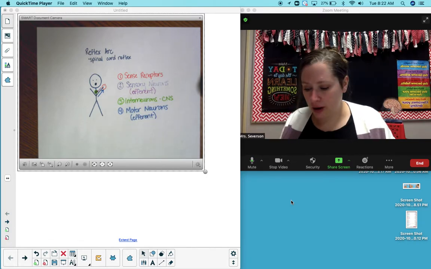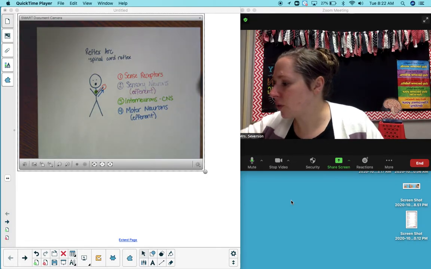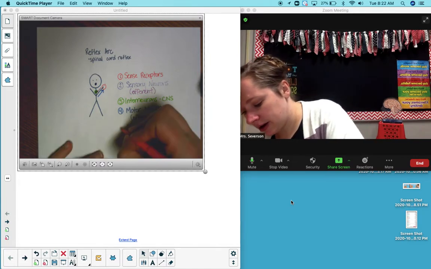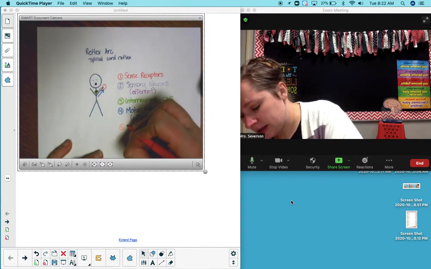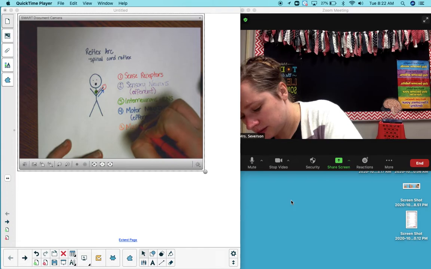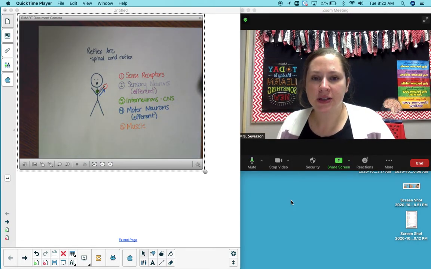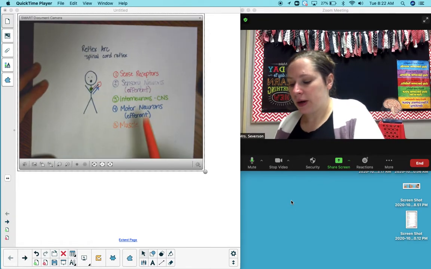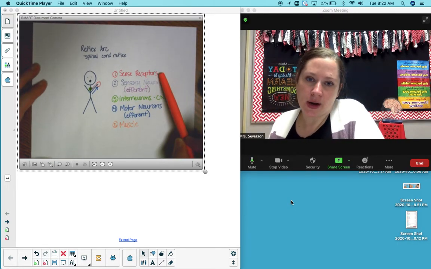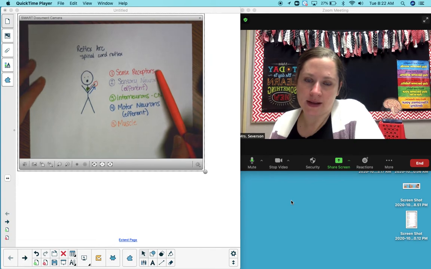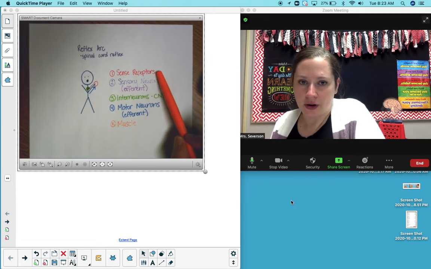Okay, so the fifth part here then, I'm not going to draw it on the diagram, is going to be the muscle, like your bicep muscle to move your hand. All right, so let's just go through this one more time. What happens here is the sense receptors are going to pick up information that is pain or injury.